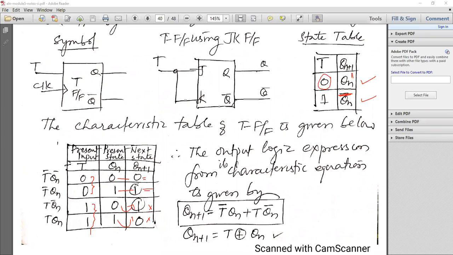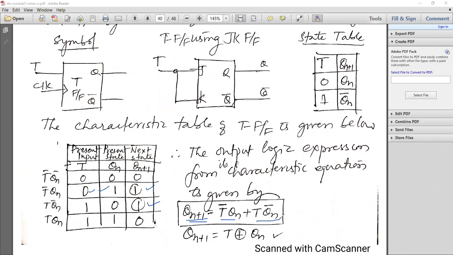So now wherever it is 1, I have to write the equation for the state equation or the characteristic equation. So write T bar and Qn. The next line is T and Qn bar. So T bar Qn and T Qn bar.